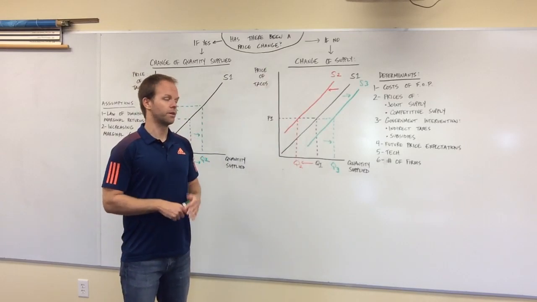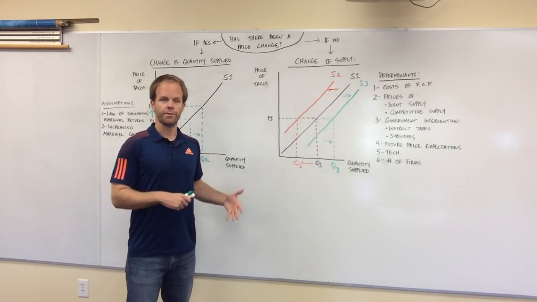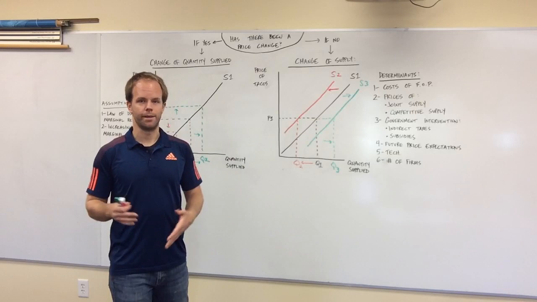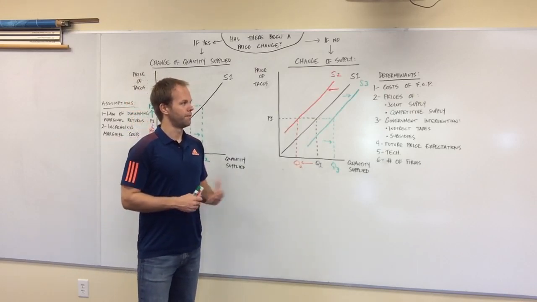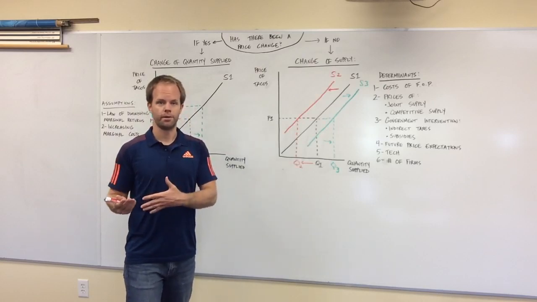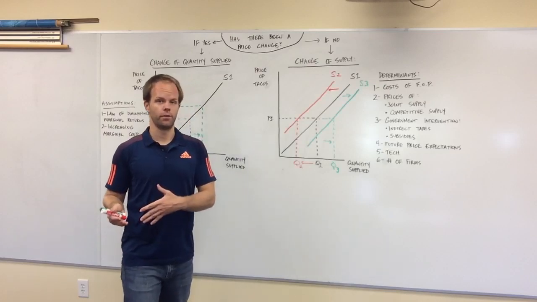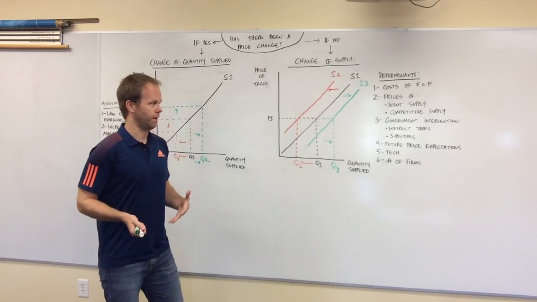A good example of that might be milk and cheese. Often dairy producers can make those things at the same time. Okay? So if the price of cheese goes up, then dairy producers will want to make more cheese, which means they could probably also make more milk fairly easily.